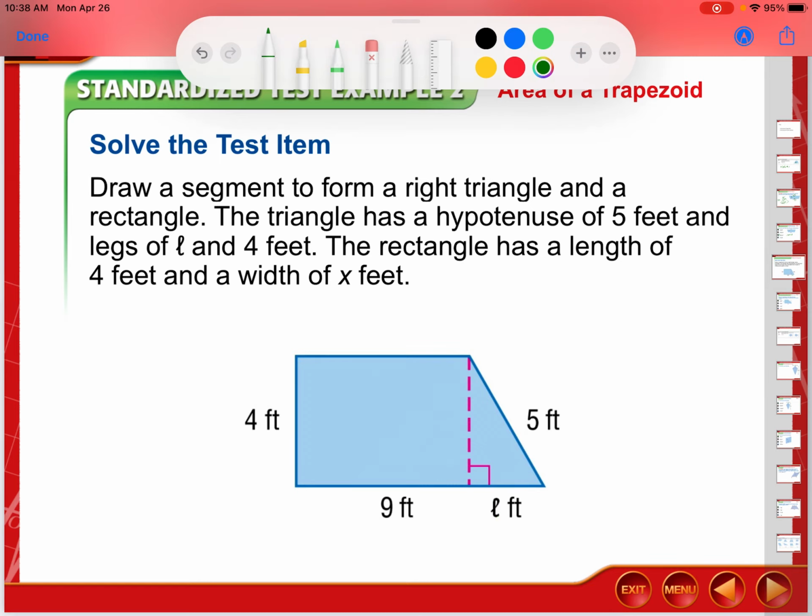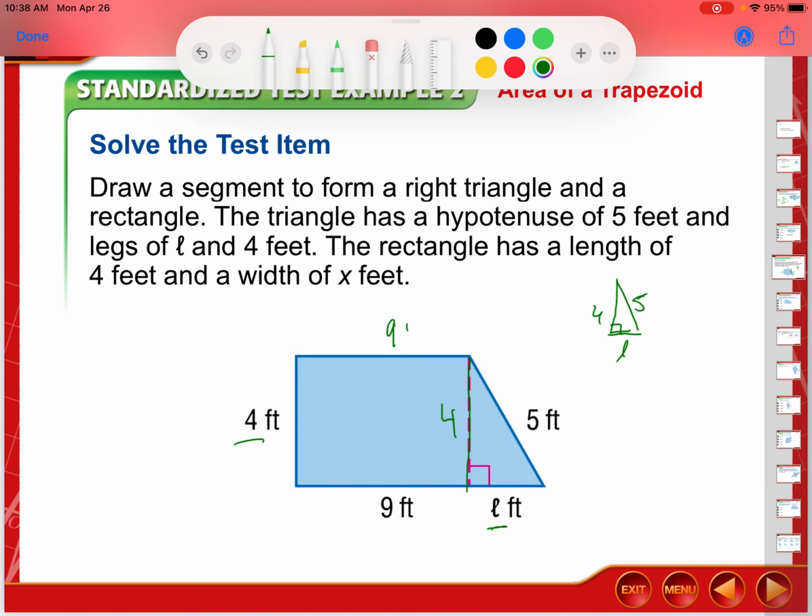So we know the height is 4 because the height over here is 4. So I'm just going to fill in 9 feet here as well. And now we don't know this L down here, the second part of our base. So what I'm going to do is look at this right triangle, which I know is a 90-degree triangle with side lengths of 5, 4, and unknown.